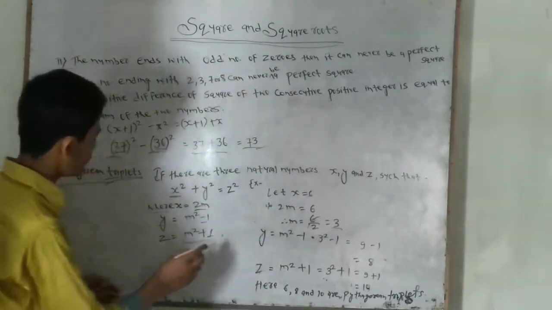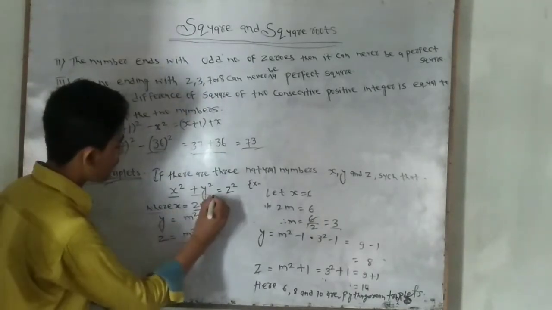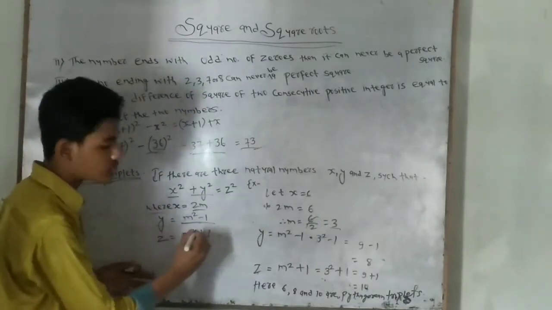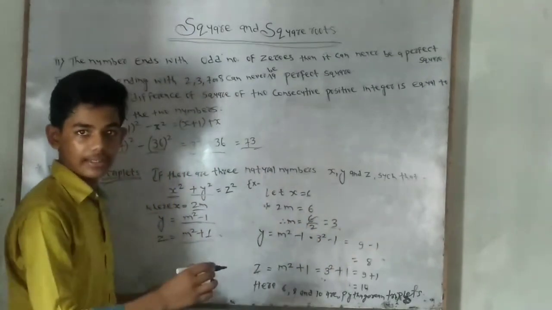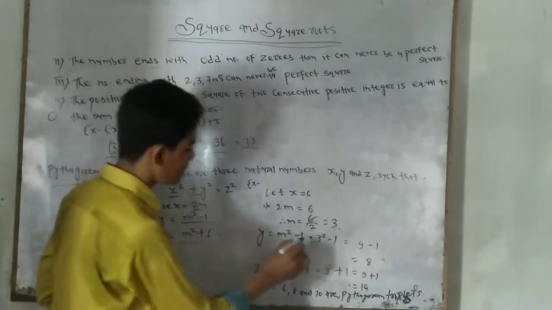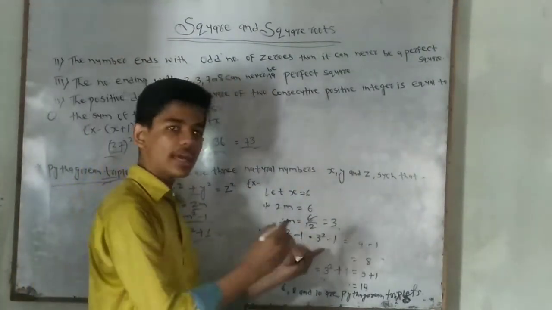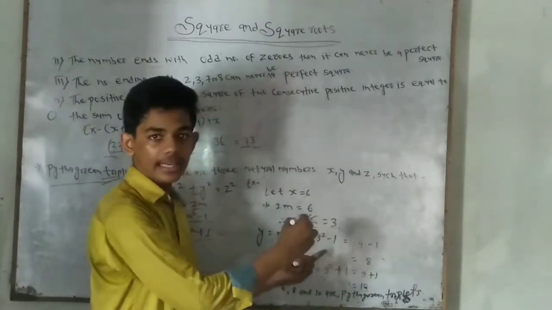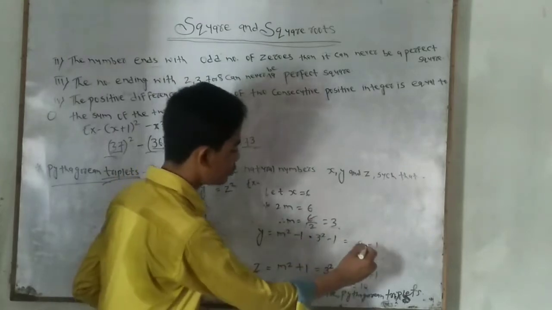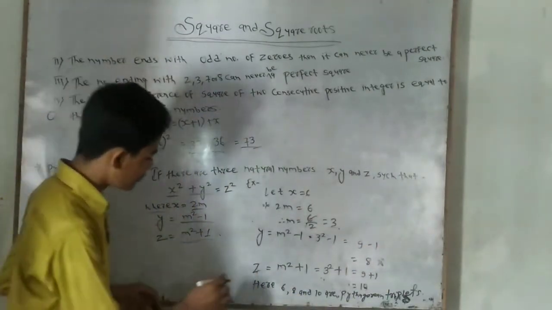Now the second, we have to find the value of y. Then according to this, y is equal to m square minus 1, with m equal to 3. So 3 square, 3 threes are 9, and 9 minus 1 is equal to 8. Any problem?